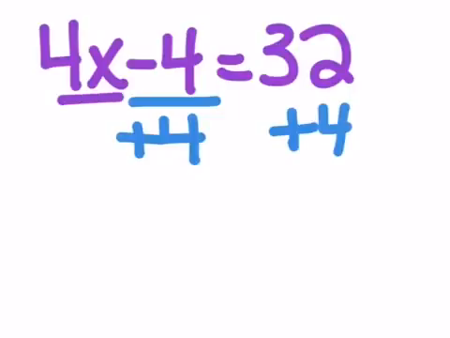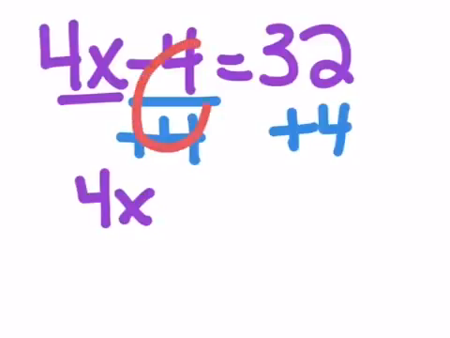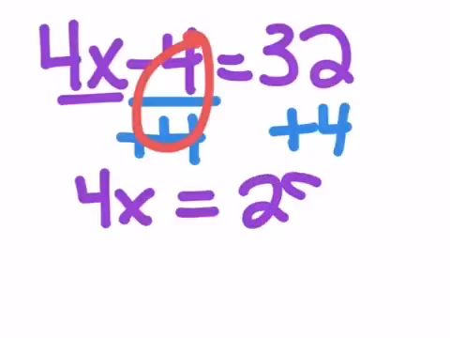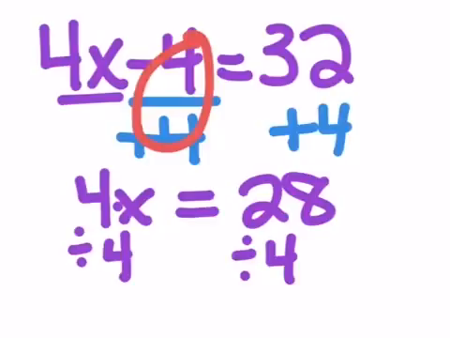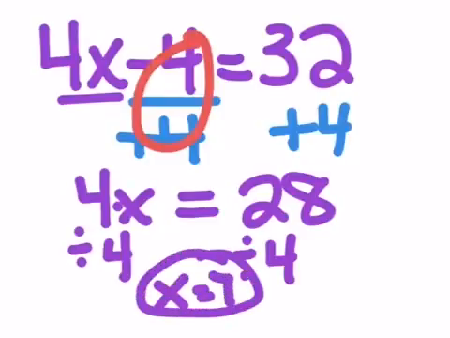Well, I didn't change the 4x, so I'm going to copy that down. And negative 4 and positive 4 gives me 0. I'm going to bring the equal sign down, and 32 minus 4 is 28. So my next step is that this is 4 times x, so the opposite is to divide by 4. And I'm left with x equals 7.